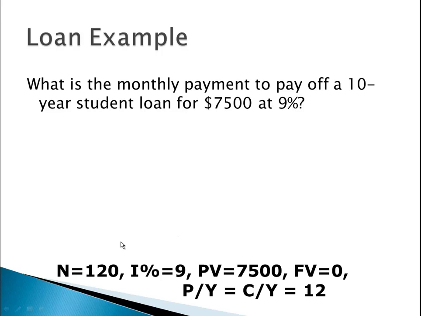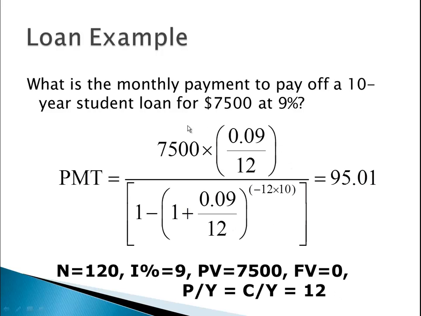So let's figure out our numbers. The total number of periods we're looking at is 120: monthly payments for 10 years, 12 times 10. Our interest rate is 9. Our loan amount, the PV present value, is 7,500. Our future value is going to be 0 because we're going to pay off this loan, and we are compounding and making payments 12 times a year.